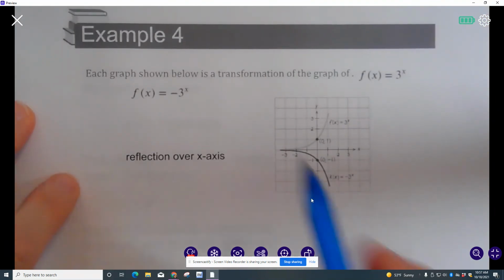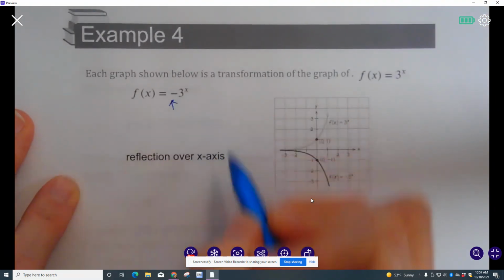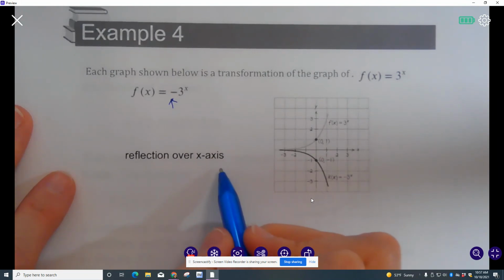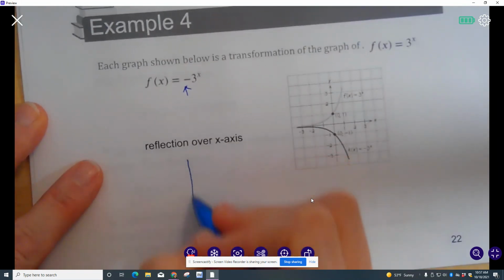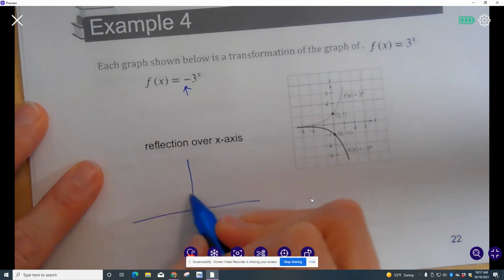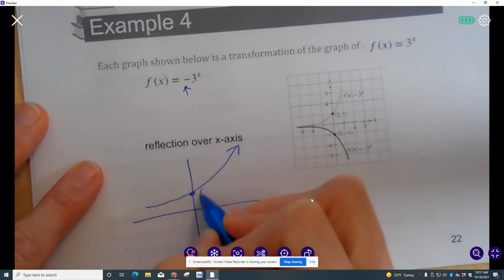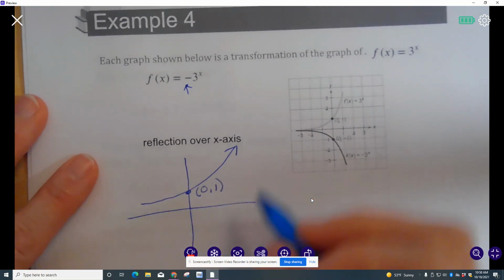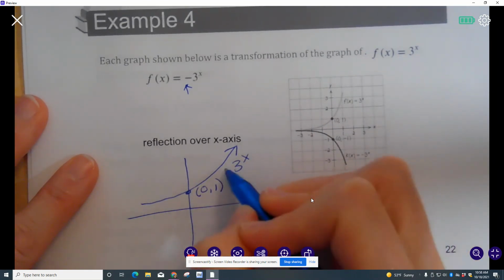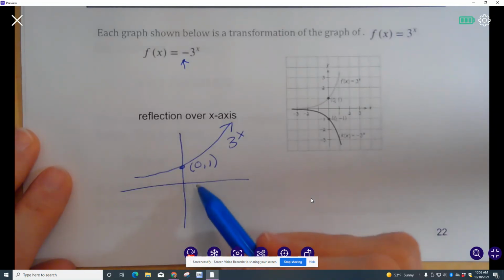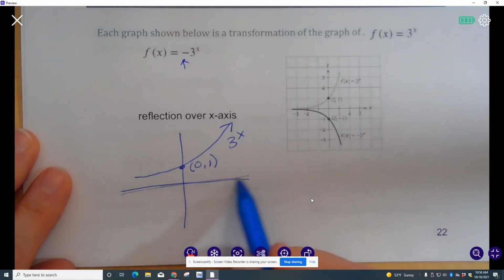This one is going to be a reflection. The negative in front, remember that's a reflection over the x-axis. Now the thing you have to be careful of on this one, I'm going to resketch this. So this is 0, 1. So this is 3 to the x. Now it doesn't touch the x-axis, so you have to think I'm reflecting over the x-axis.